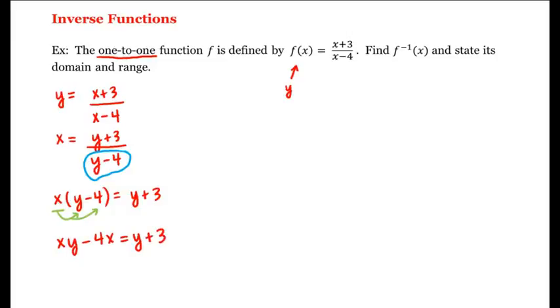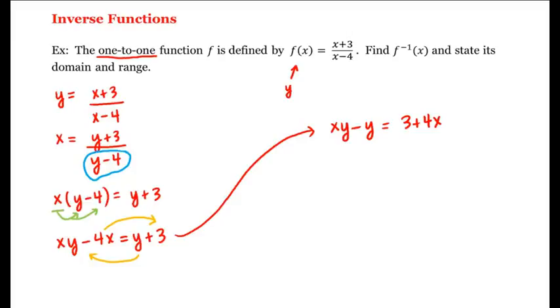Now remember, we want to solve for y, so let's bring all the terms with y in them to one side and everything else to the other. And this will give us that xy - y is equal to 3 + 4x.